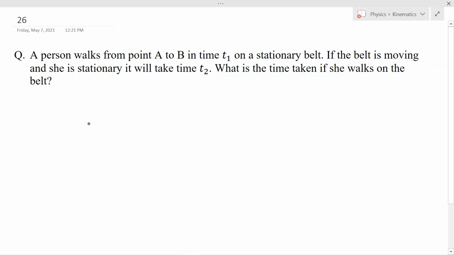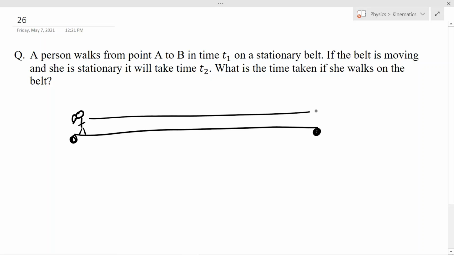Okay. So now the first case is when the belt is stationary. So let's say this is the belt. Sorry, she is not stationary. The belt is stationary and the woman is moving, and she will go from here to here. So it will take time t1.